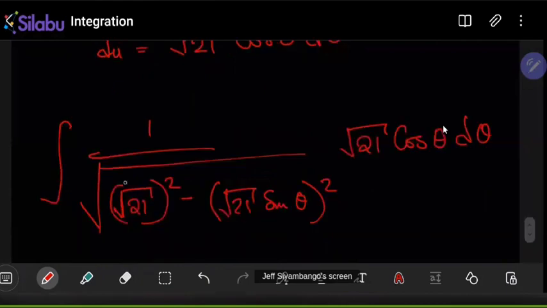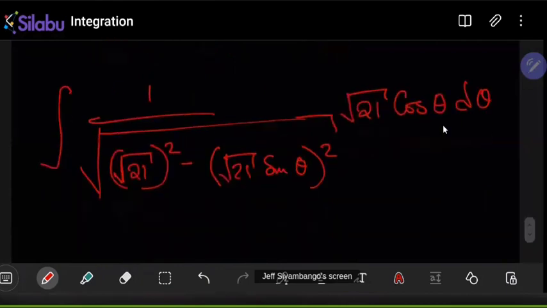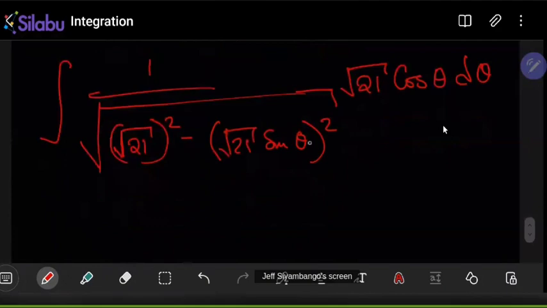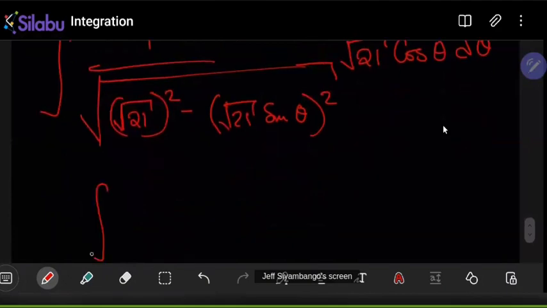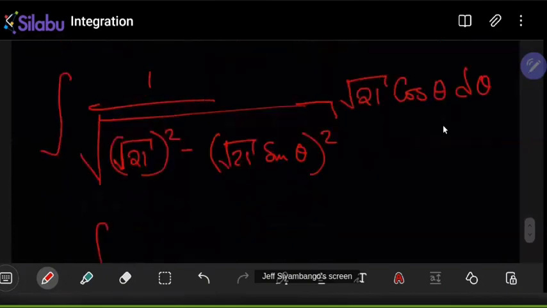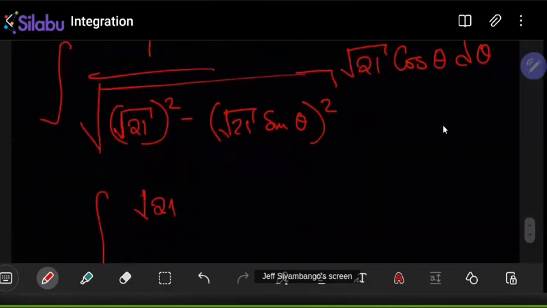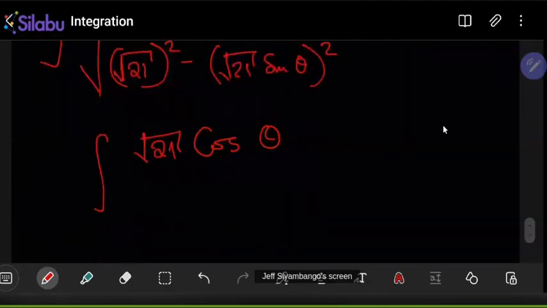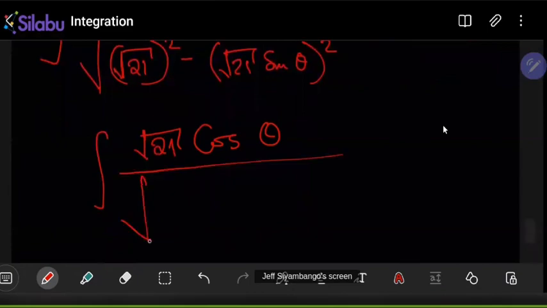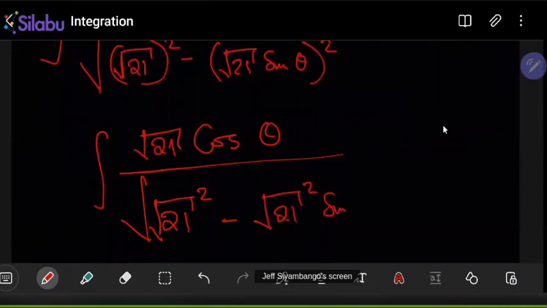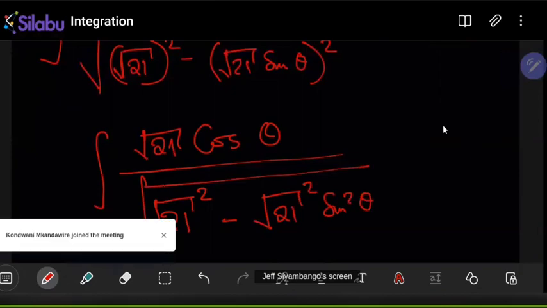And all this is under the root. So if you simplify, this is going to be root 21 cos theta over the square root of root 21 squared minus root 21 squared sine squared theta, then d theta here.